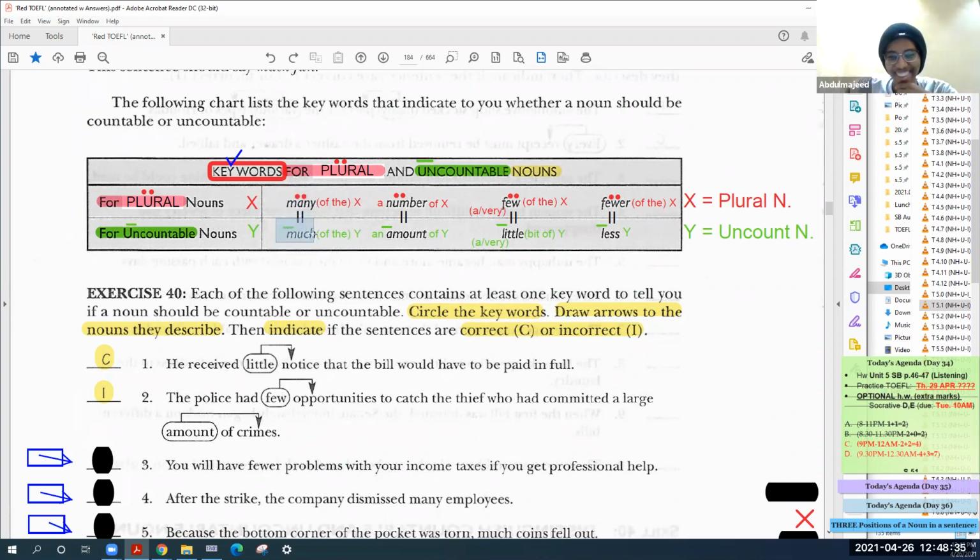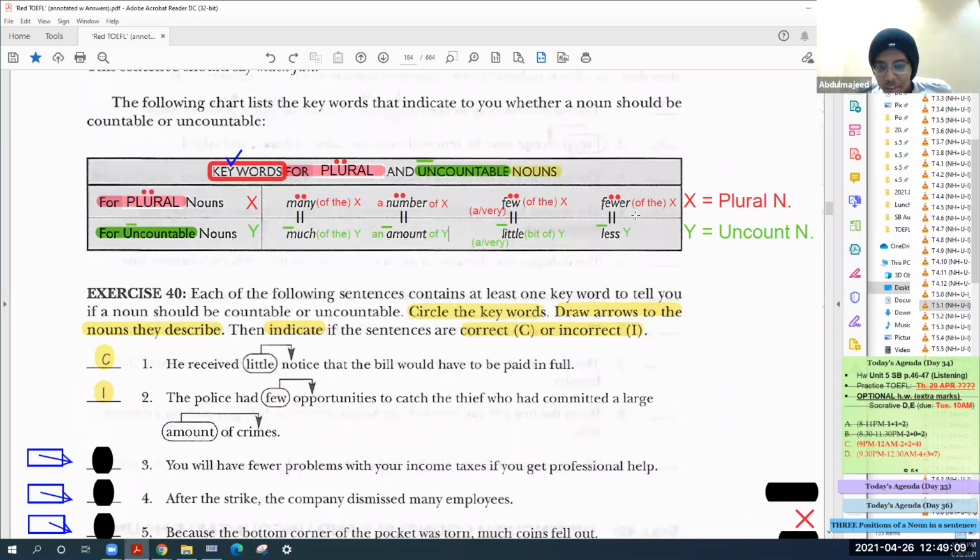So tell me the difference, Ben. Many is used for countable and much is used for uncountable. Yes, but the meaning is the same. It's exactly the same. What about here? A number, an amount, the meaning? Same. And few, little? Same thing.